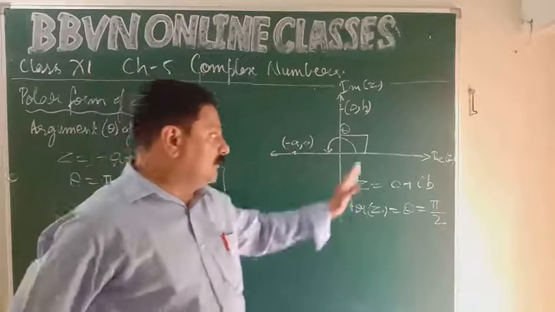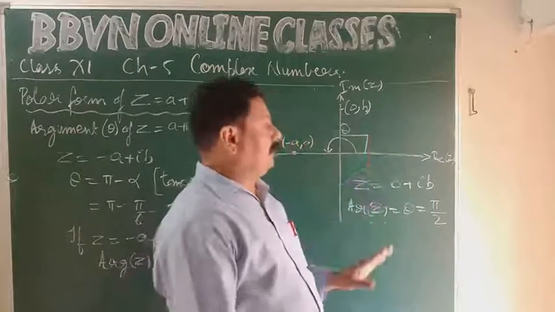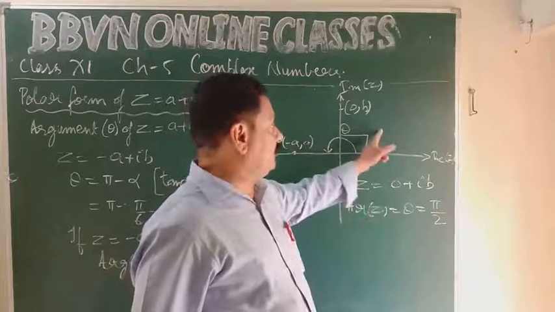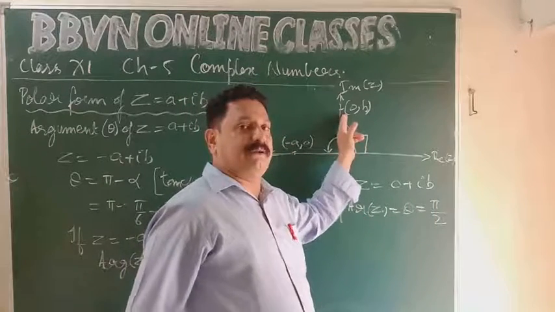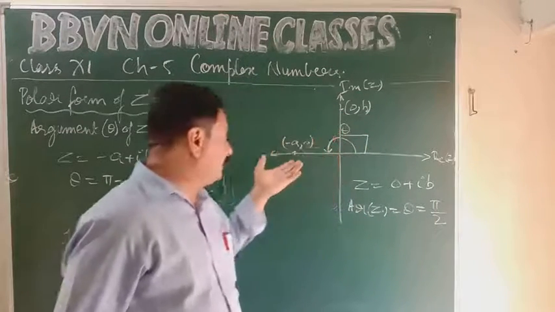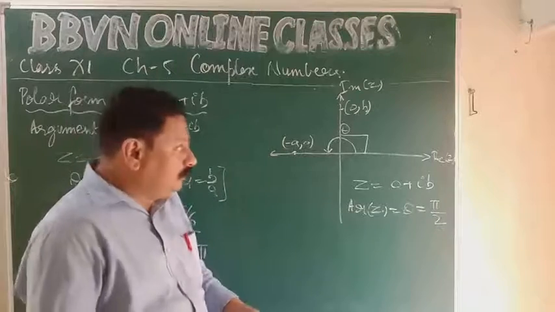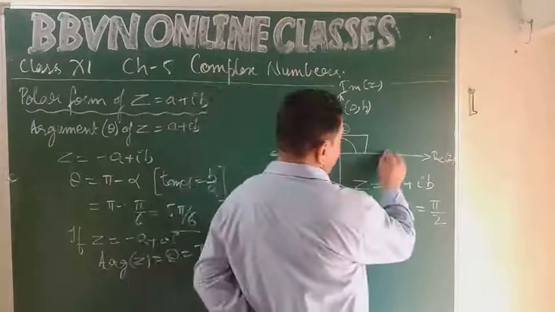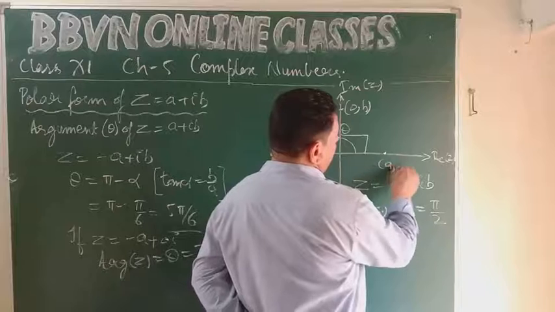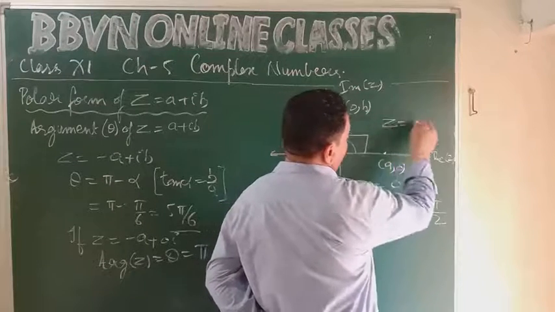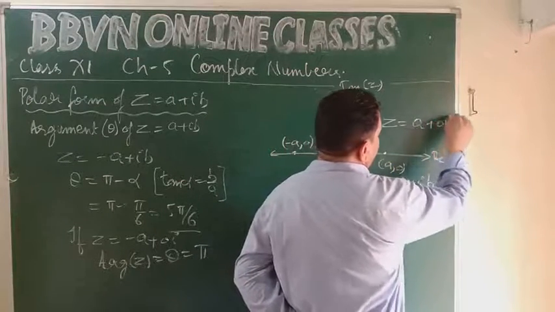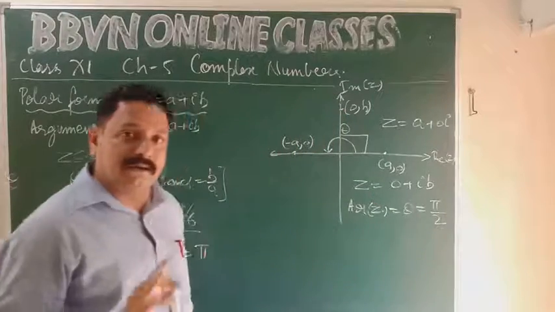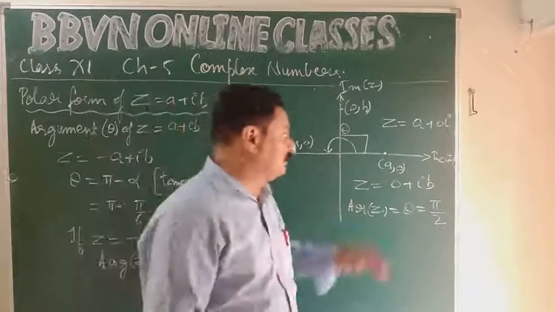Okay, children. So we have discussed the real part. We have discussed argument theta in the first quadrant, on the positive y-axis, in the second quadrant, and on the negative x-axis. You may have a question, sir, if z is here, so this point is a comma 0. So if the complex number is in the form z equal to a plus 0 iota, the real part is positive, so it lies on the positive axis.